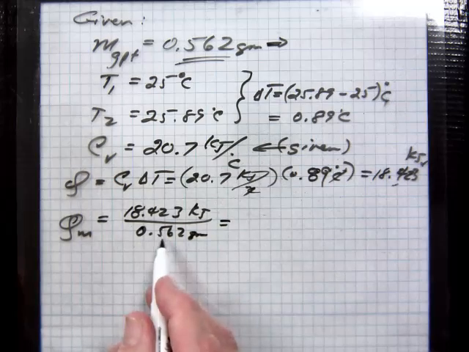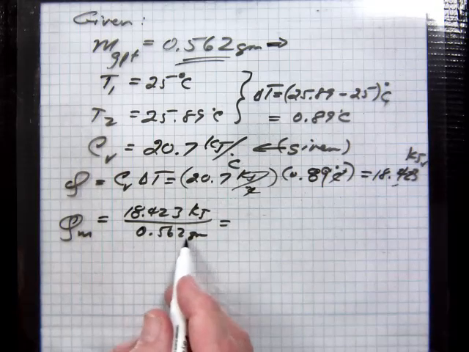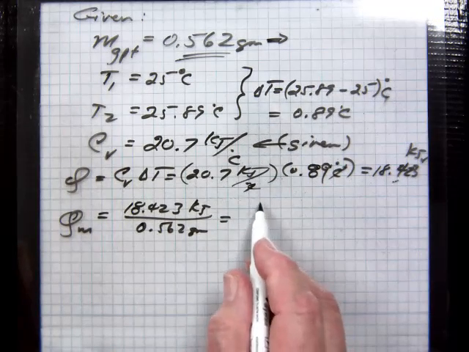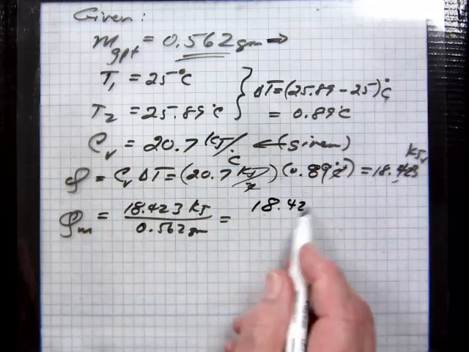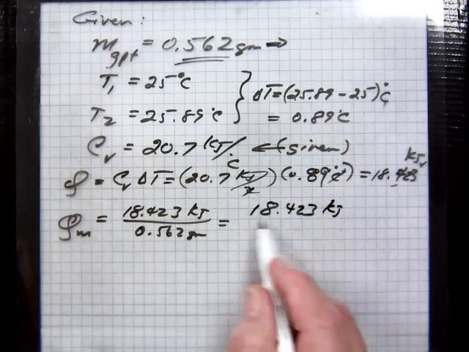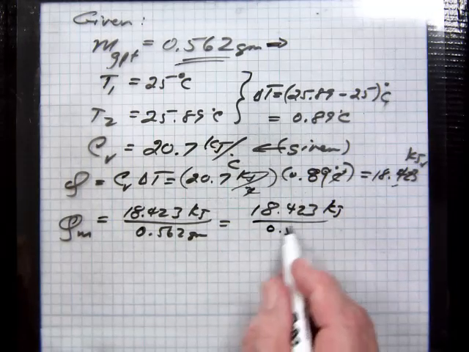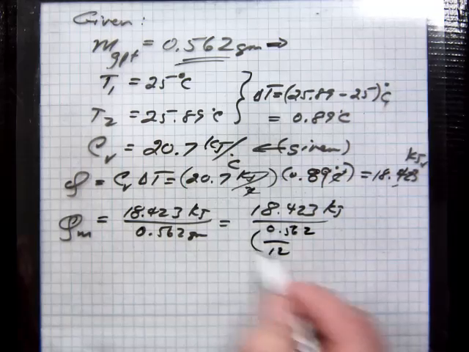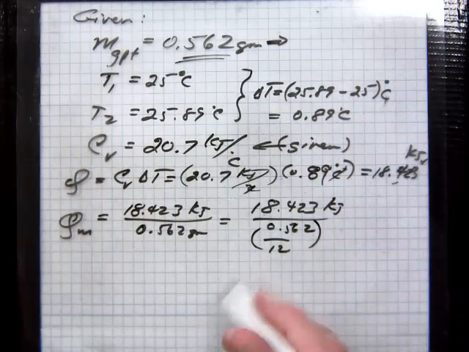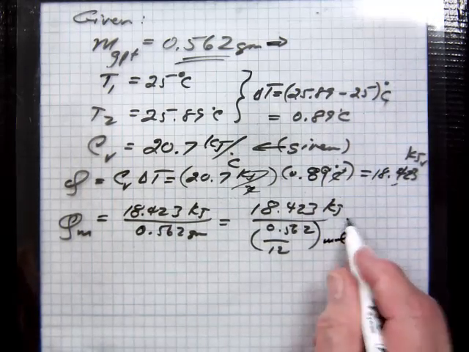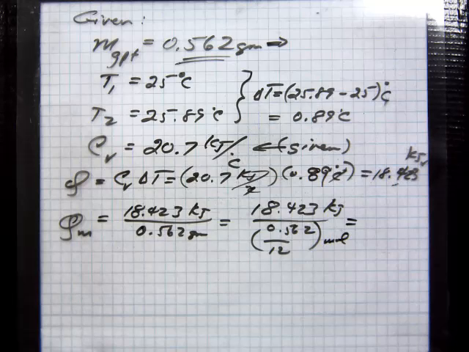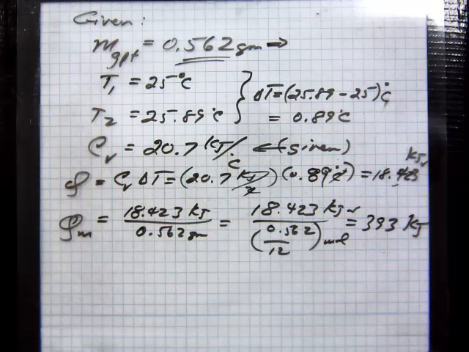So we divide the 0.562 by 12 (12 grams per mole), and we get it in moles, and we get the molar heat of reaction. That's all it is to that.